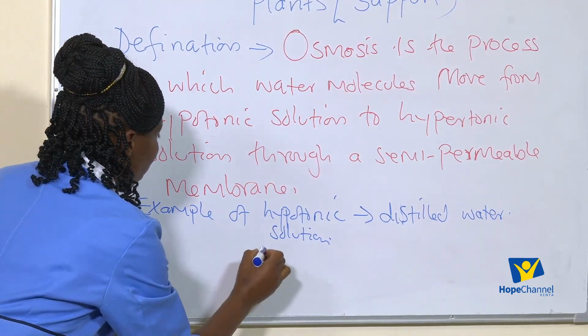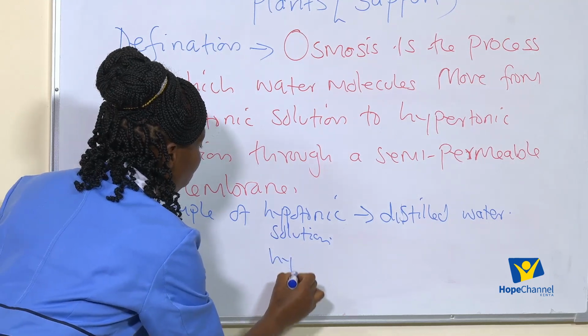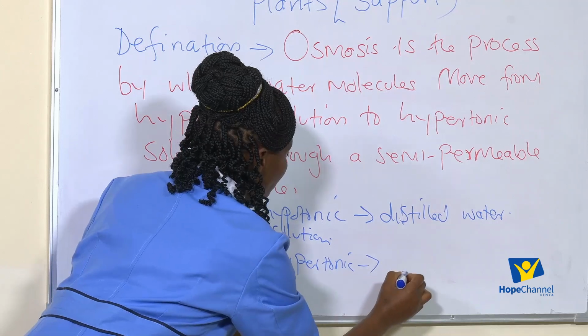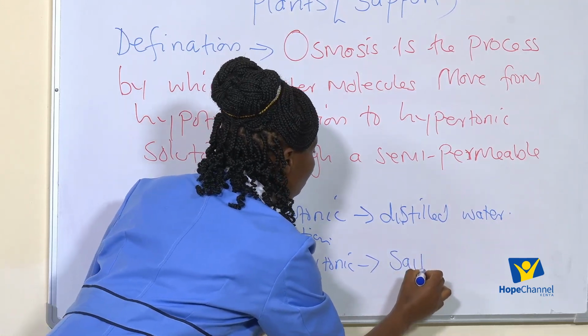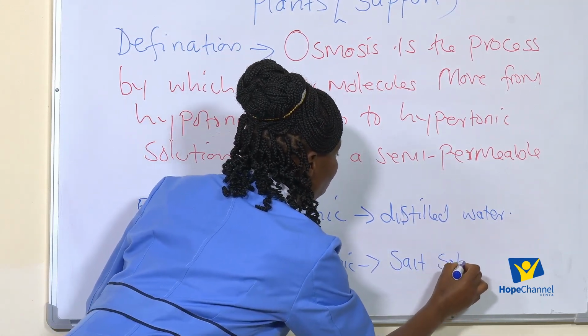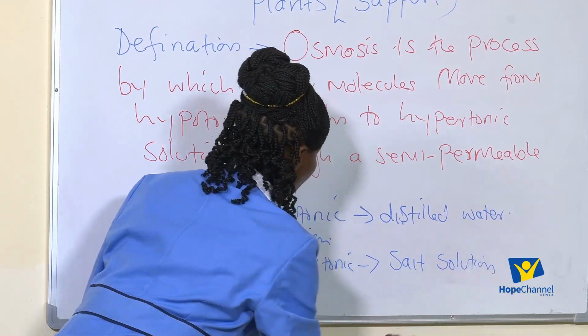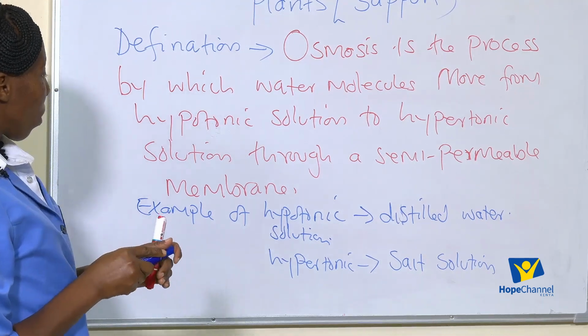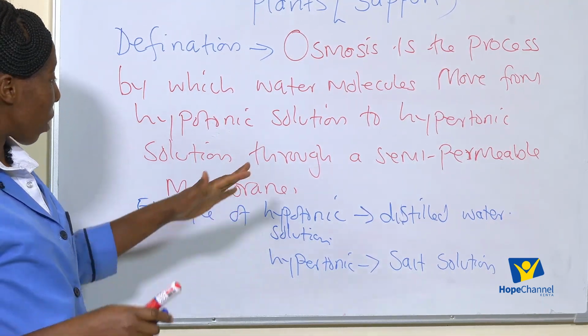We can use another example of a hypertonic solution: a salt solution. Okay, so those are just examples of solutions that give us different regions.